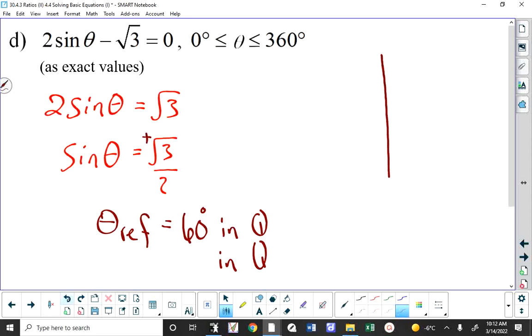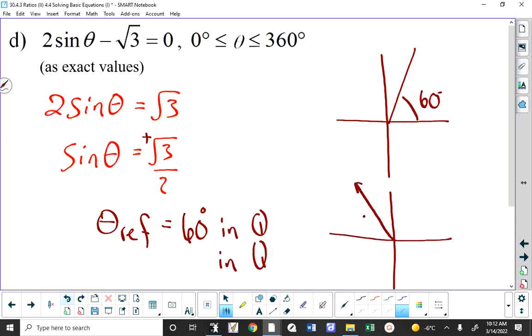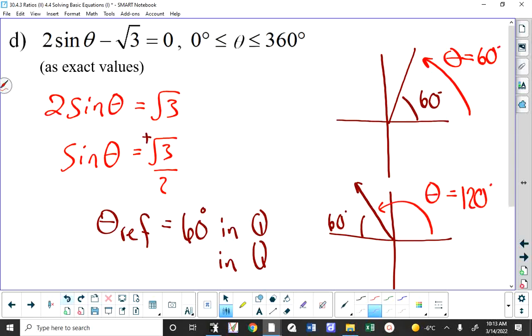But we sketch it, 60 degrees in quadrant 1. That's maybe a little steep for 60, but you get my drift. 60 degrees in quadrant 2. What is the rotation angle? Theta is 60 degrees here, and theta is 120 degrees here. We still good?